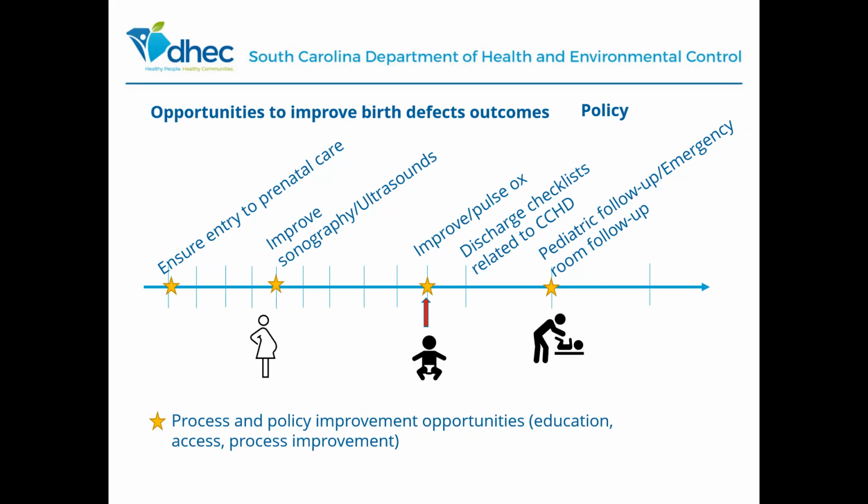Improving ultrasounds and sonography would be another great move for our state and all states in order to identify birth defects early. Identifying the critical congenital heart defects and other issues at birth. And then afterward, in the pediatric setting and emergency room settings, ensuring that people are familiar with birth defects and know how to refer them to services are great opportunities for policy change.